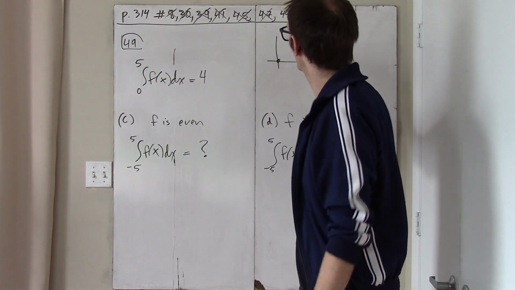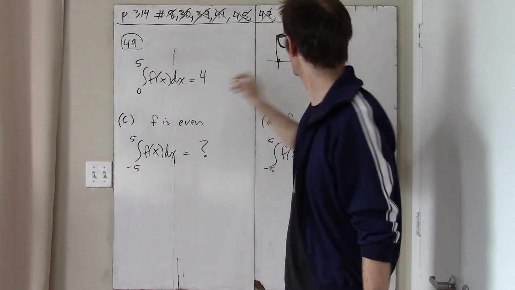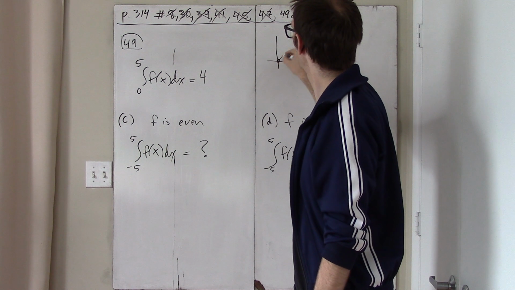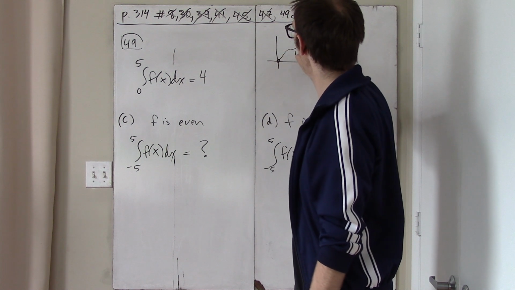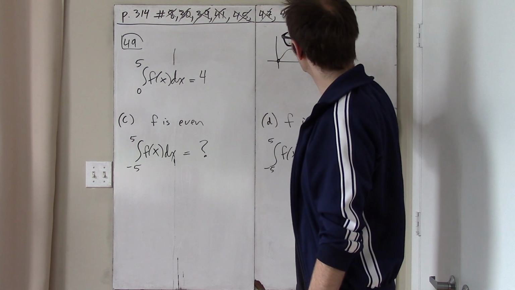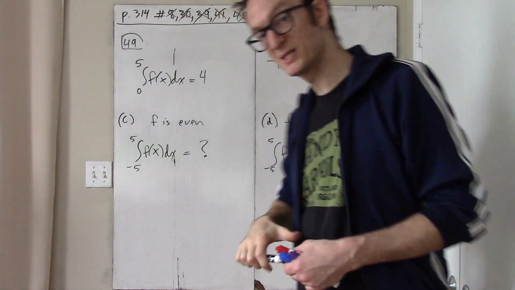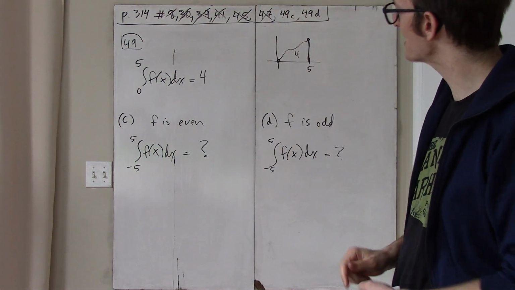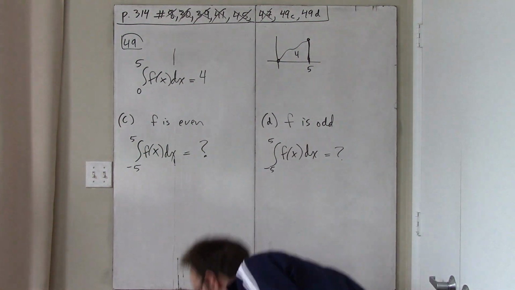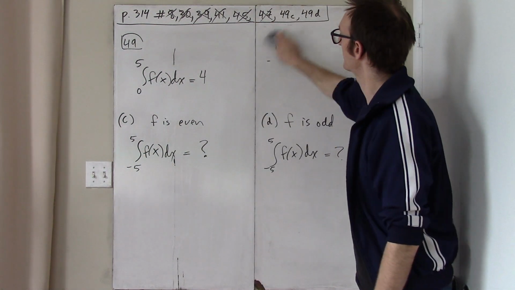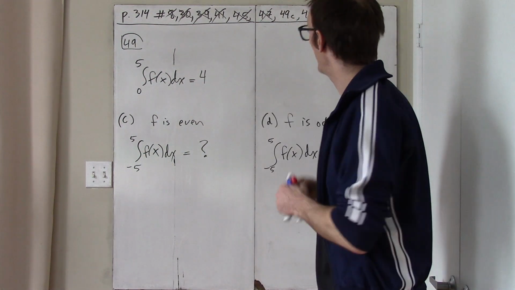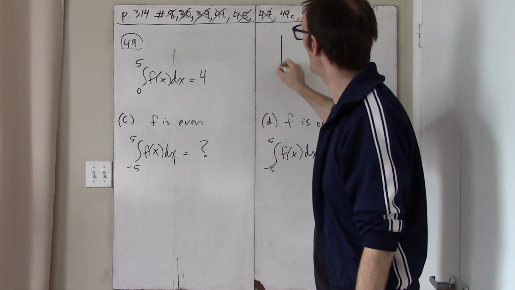You might be tempted to be like, okay, if all I know is that the area under this curve is 4, then maybe I'll just draw something and call that area 4. That's not wrong, but I think it's not open-minded enough of an understanding, because you don't know that this function is positive on this interval. This function might be a mixture of positive and negative.